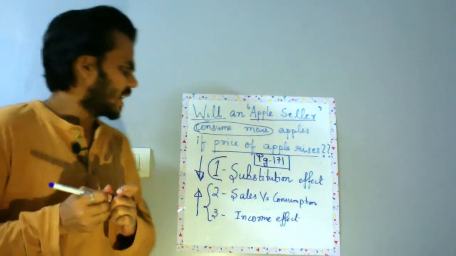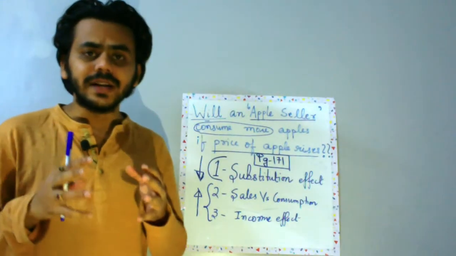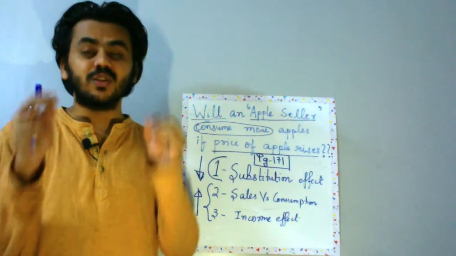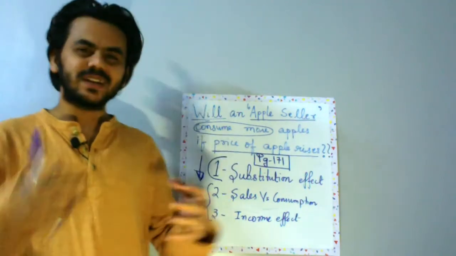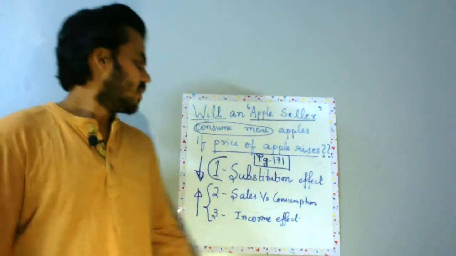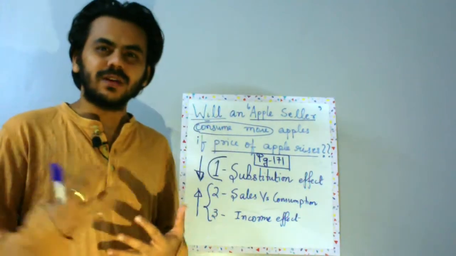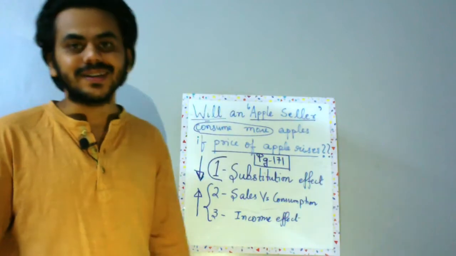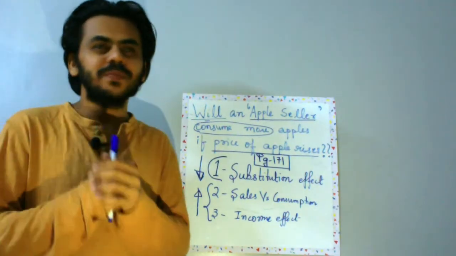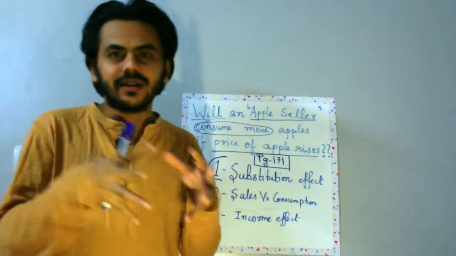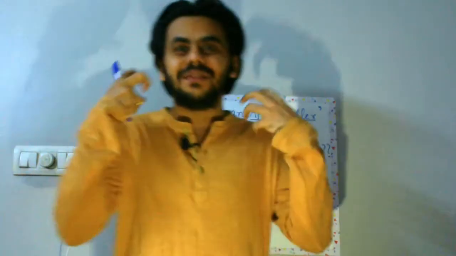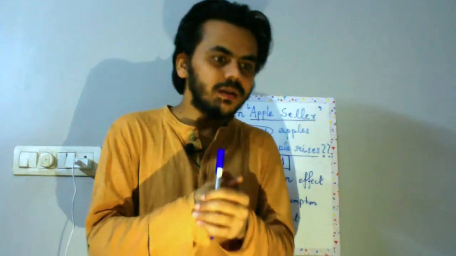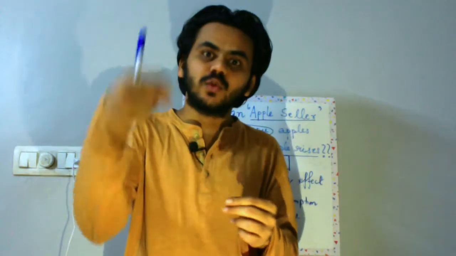I will try to do that mathematical treatment in a future video, in a non-Friday Talk video. This is a Friday Talk, so I want to make it a general video. Right now, this was just a short video to give a general idea on what happens to a net seller of a good when the price of that good rises.